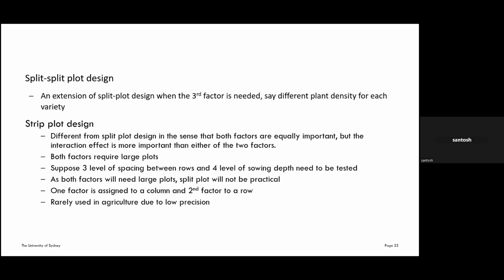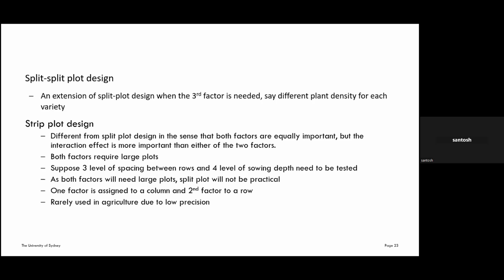The split plot designs, I already said that when the third factor is needed, we can use the split split plot design. It is similar to the split plot, but the third factor is split. And this is also another design which we don't use regularly.